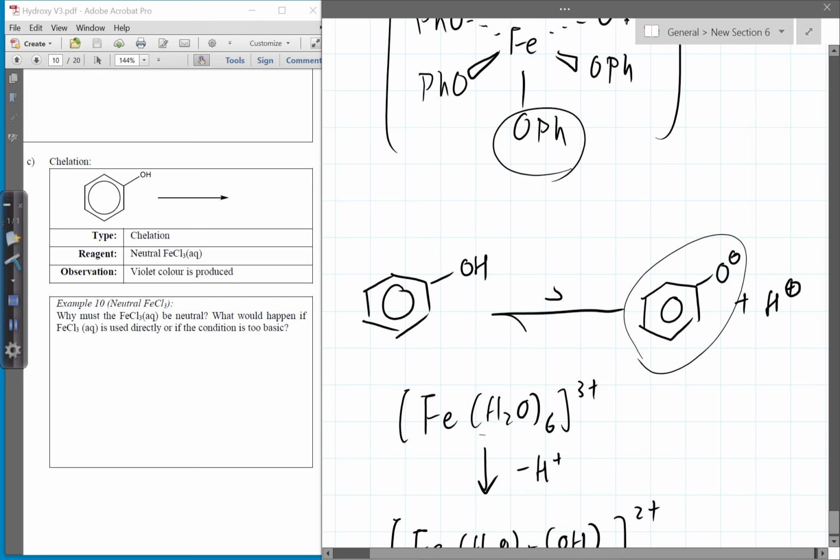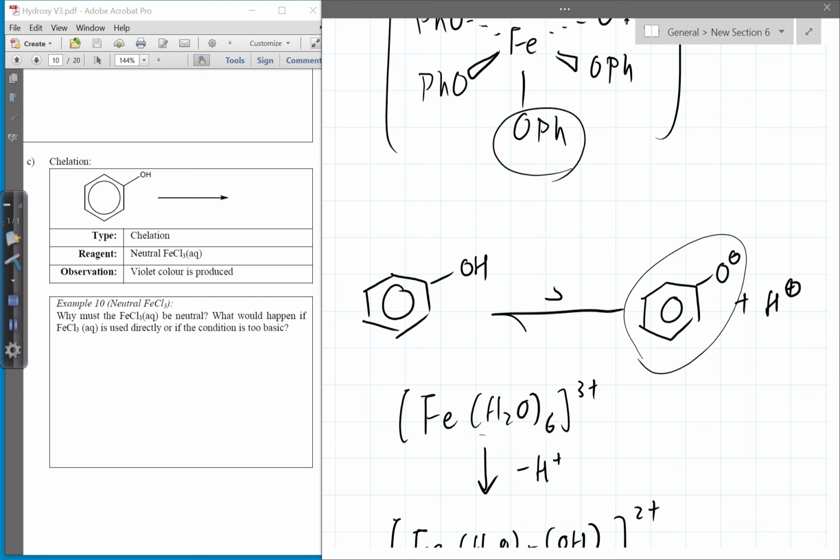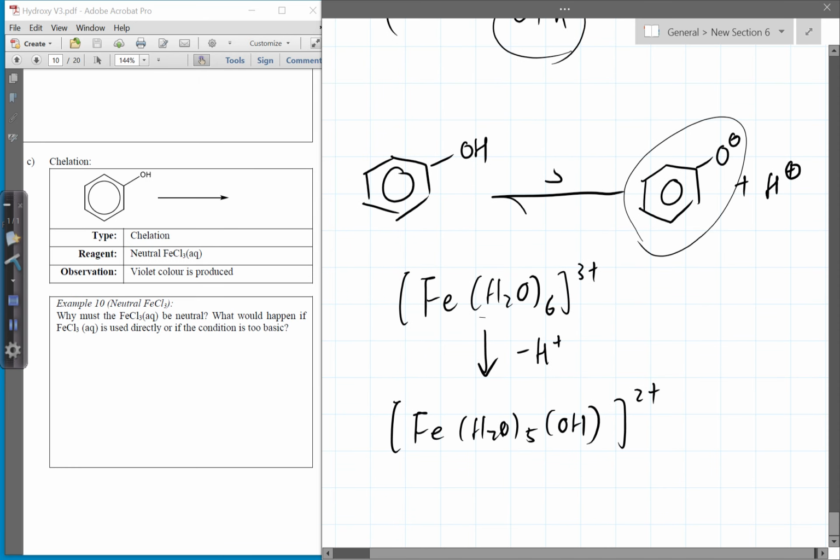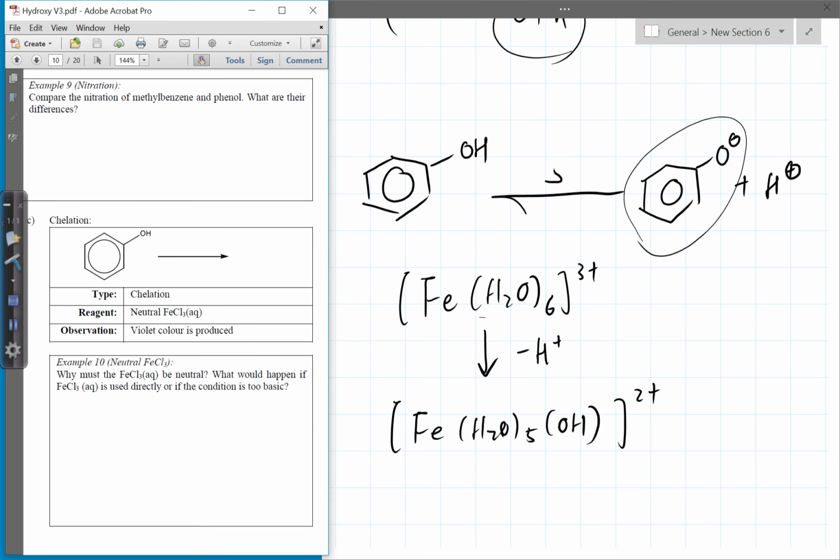Reddish brown. Right. So you won't have this complex. So that's why you have to use neutral FeCl3, but it can't be too basic. So that's all the whys for this reaction.